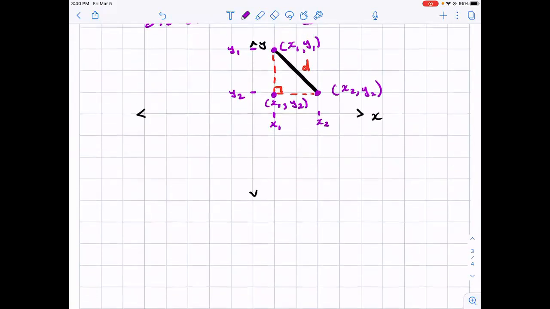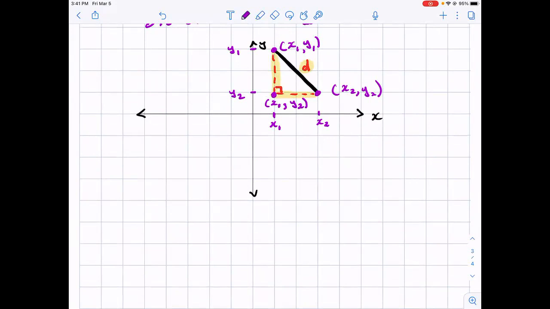If we use Pythagorean theorem, d squared is equal to this side squared plus this side squared, the two shorter legs.